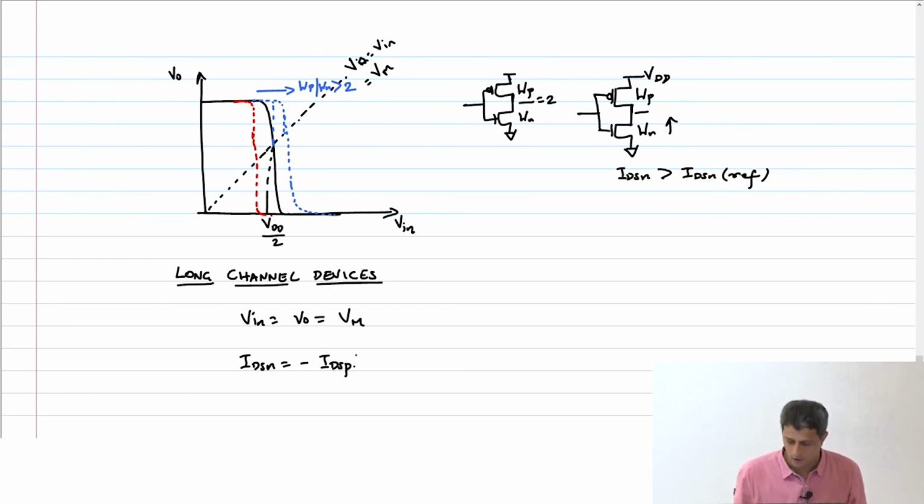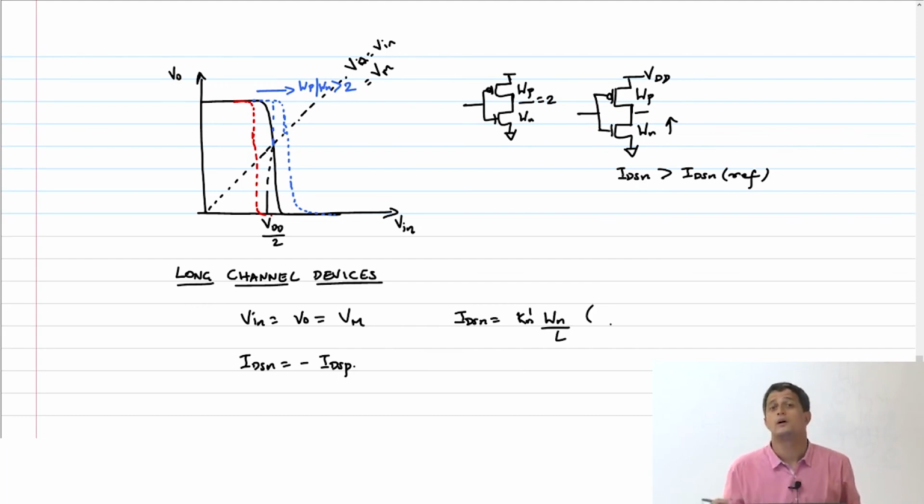Okay. What is my long channel saturation current now? IDSN is half Kn prime Wn by L into Vin, that is Vm, minus Vt, and the whole square.